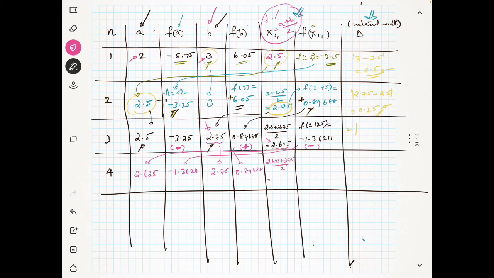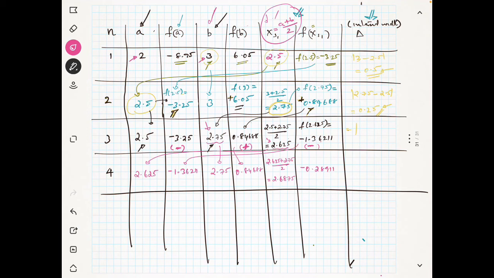So what is our new solution? 2.6875. Now f of that value is negative, minus 0.28911.